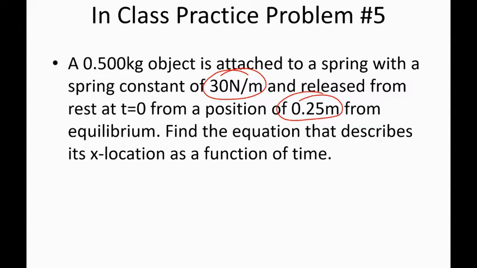In this case, because it's released at your maximum, you know that you're dealing with x equals A cosine omega t, where omega is 2 pi times frequency. That's going to be your equation.